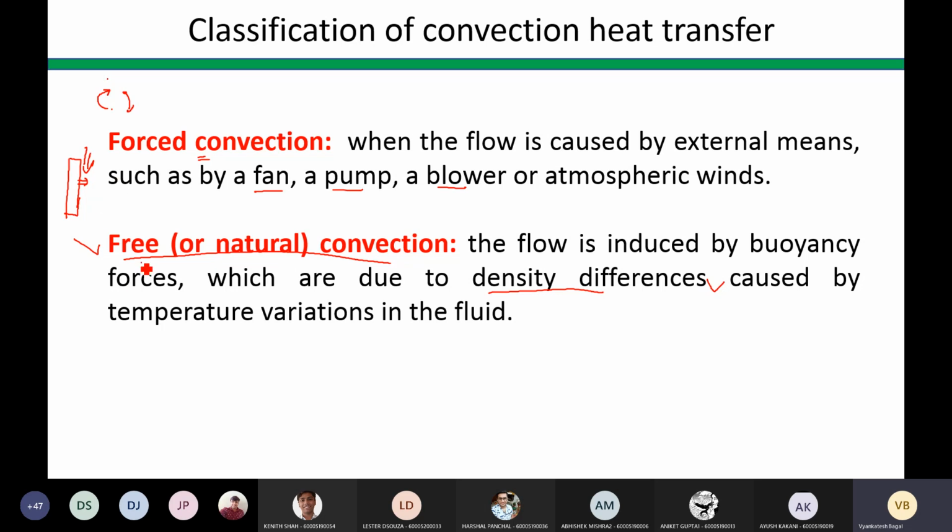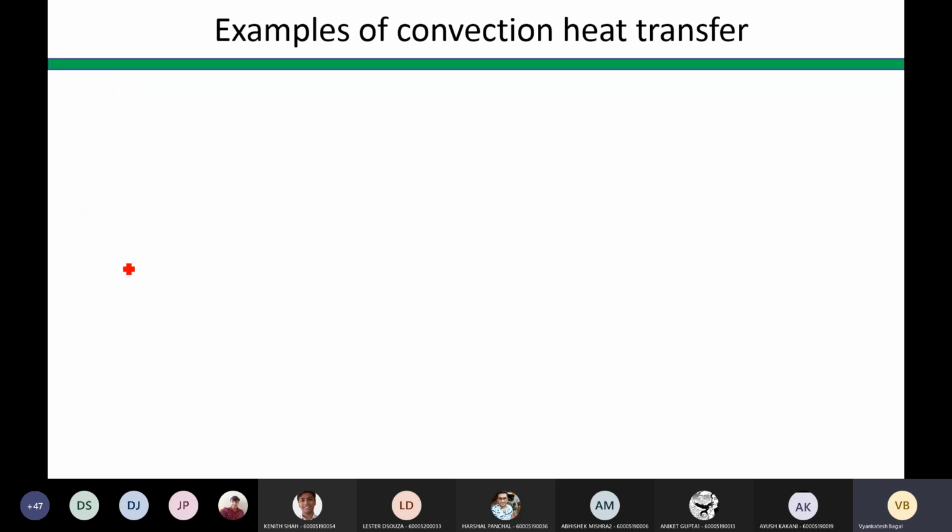So this is an example of free or natural convection, where buoyancy driven forces are responsible.